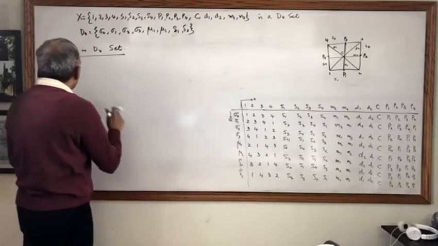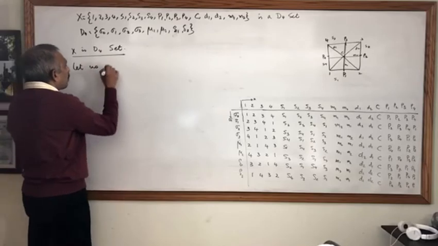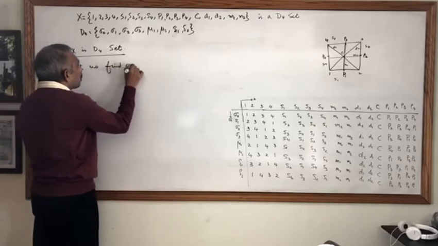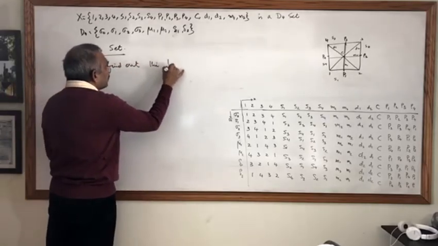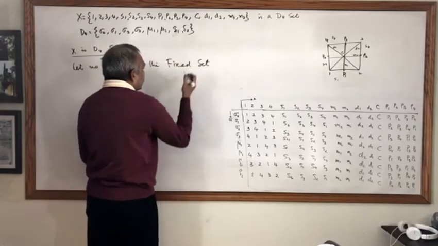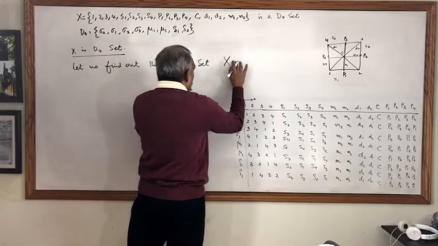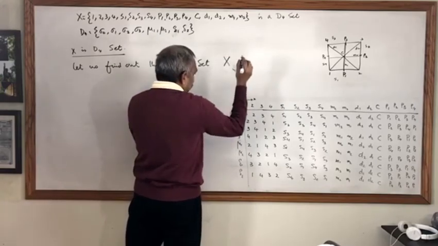Now let us find out the fixed set. Let us say X sigma 2.